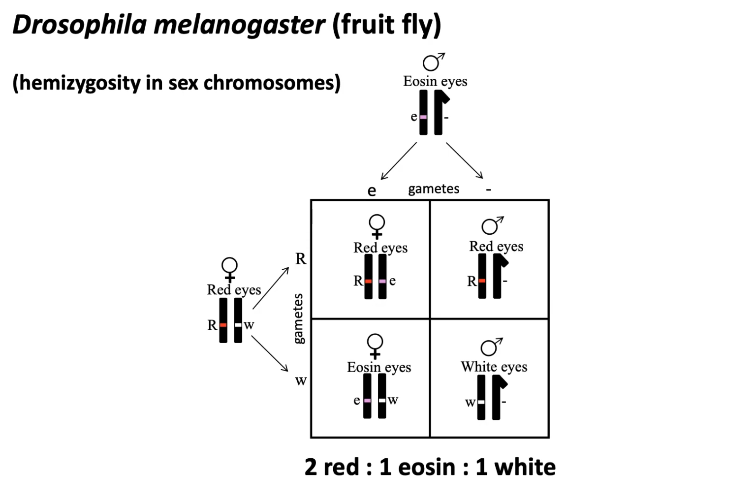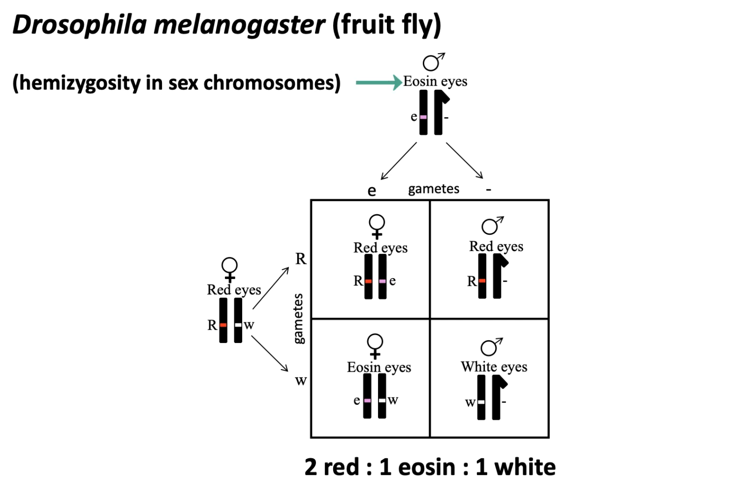Another example of hemizygosity occurs in the sex chromosomes of Drosophila melanogaster. In this case, the X chromosome in a male carries an allele, whereas the Y chromosome does not have a gene in that position, so it's hemizygous.